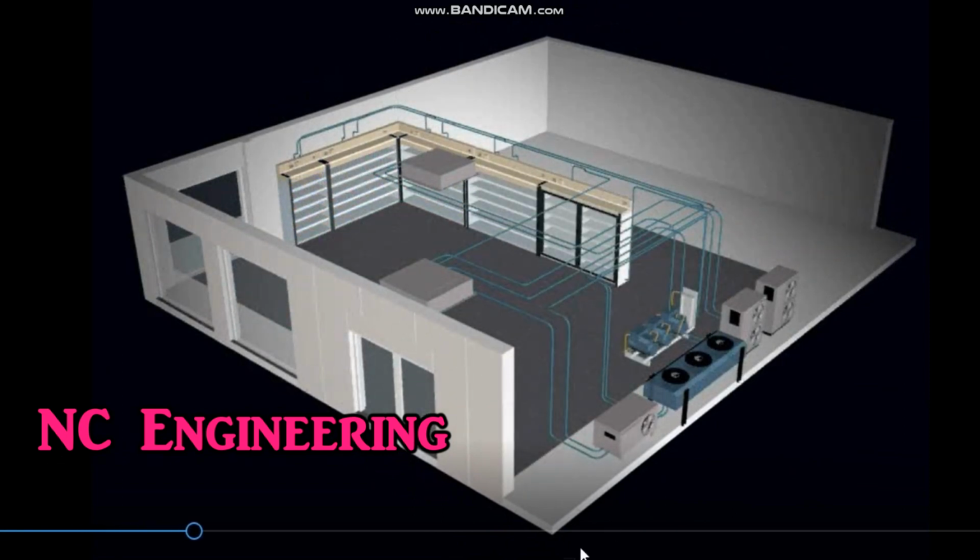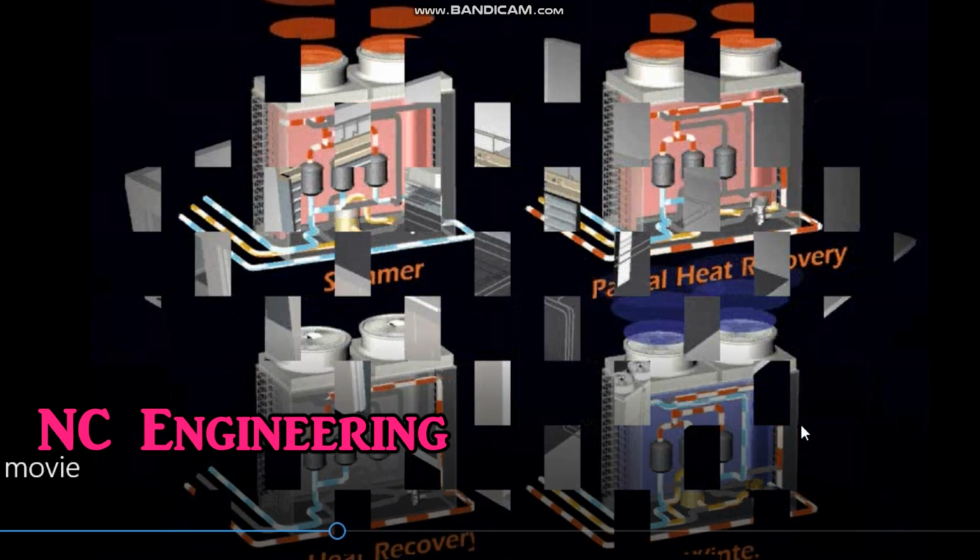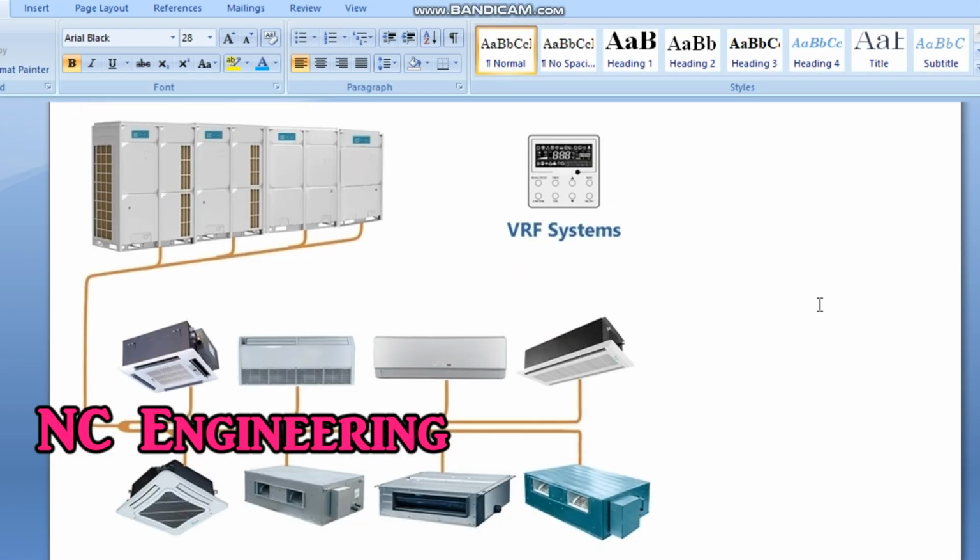When we change it to the VRF system, we have only one outdoor unit and only one network for the piping. So in this way we can classify this DX system generally into window type, split type, package type, and VRV and VRF. This is the broad classification of this system.